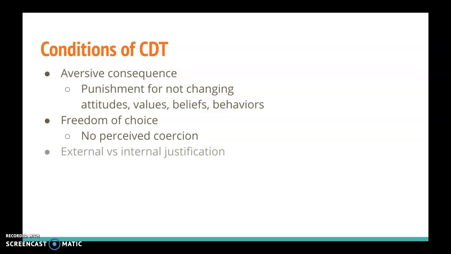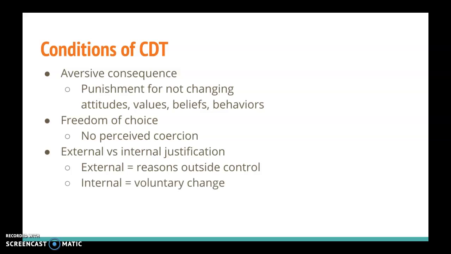The final condition has to do with external and internal justifications. When we're talking about an external justification for something, these are reasons outside of our control that make us support our attitudes, values, beliefs, and behaviors. Whereas internal justification happens when we voluntarily change our attitude, value, belief, or behavior in order to reduce cognitive dissonance.